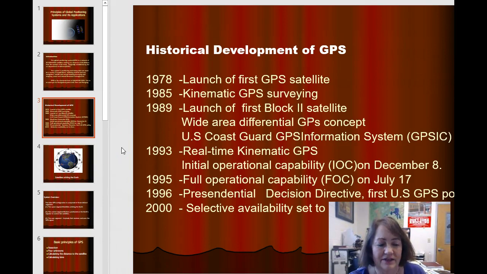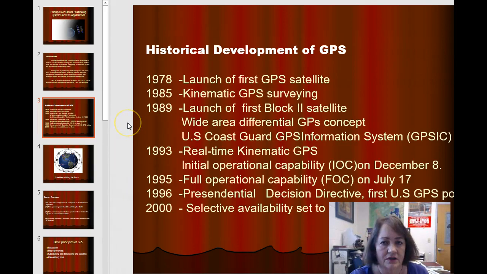But prior to that, it was just very difficult to take a lot of intense data and process it into something meaningful in terms of distances. So kinematic surveying was not available until then.